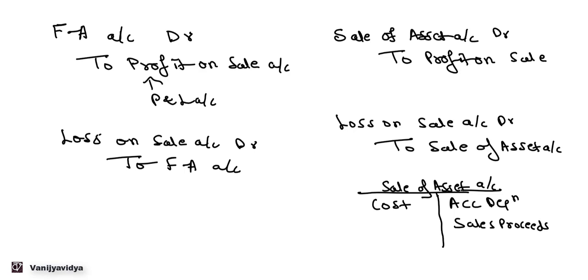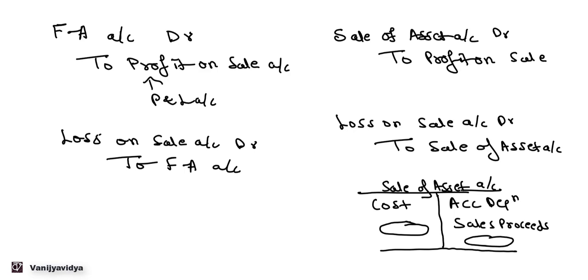Right, so whatever is the balance amount will be your profit or loss on the sale of asset. At the end of the particular period, when you record the profit and loss on sale, your sale of asset account will have a nil balance.